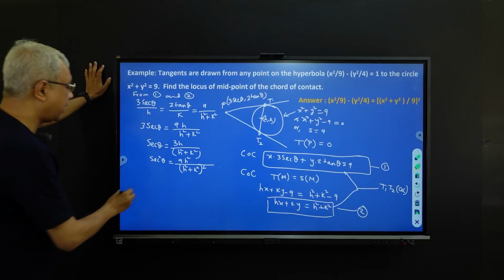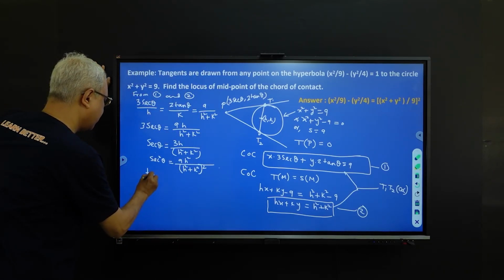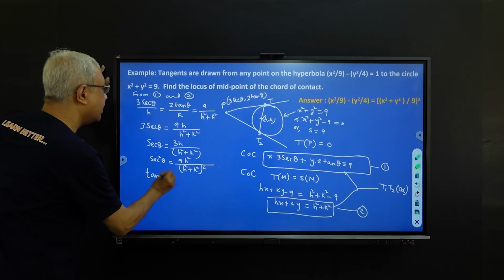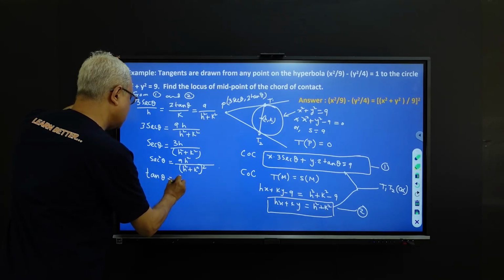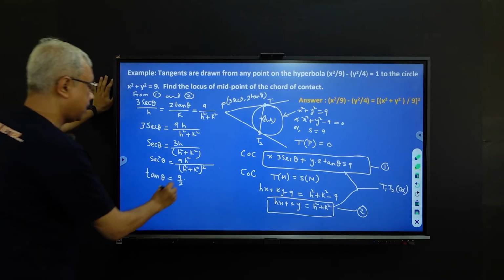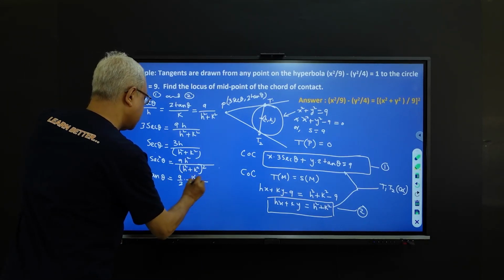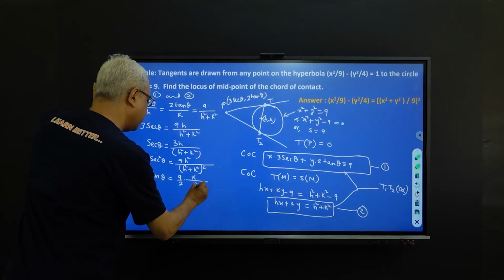And then tan theta is how much? Tan theta is 9 by 2 k by a square plus k square.